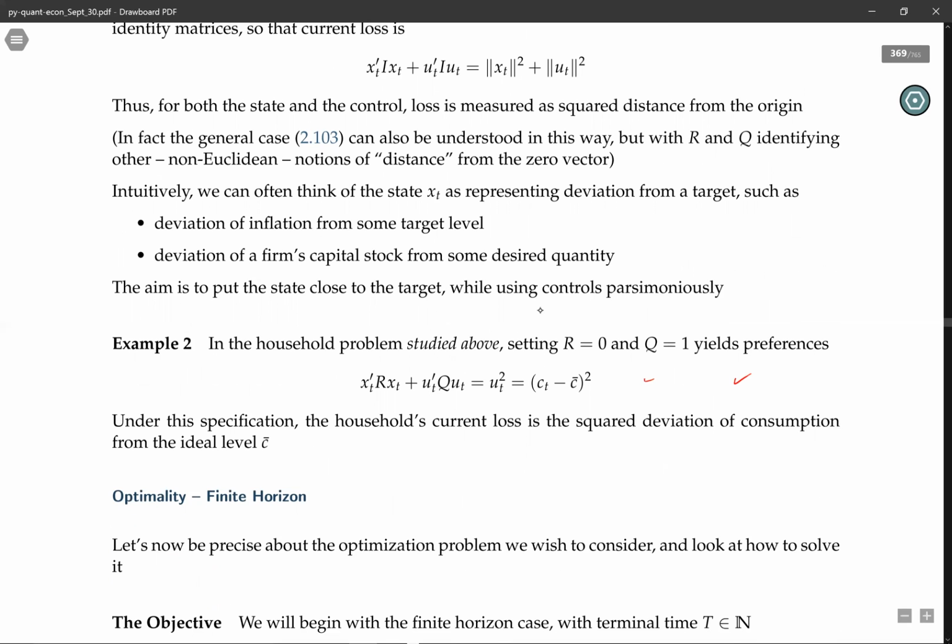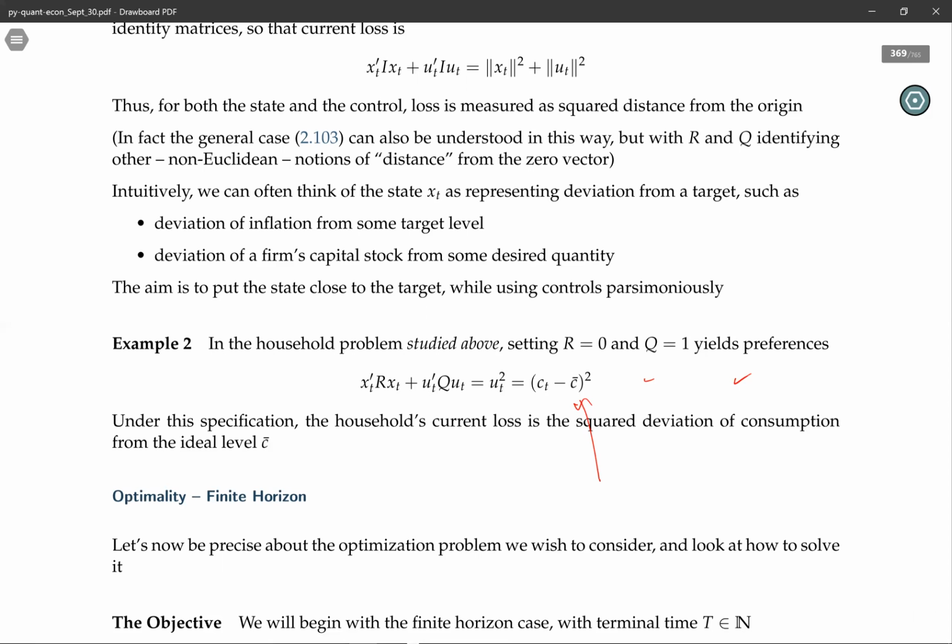But our loss function is just going to be u_t squared, which is c_t minus c̄_t. So what that's telling us is some desired level of consumption, and presumably, for me, it's a very big number. I'm way below it. So my loss, c_t minus c̄, is a big number. And if I could move c_t up, I'd be happier.